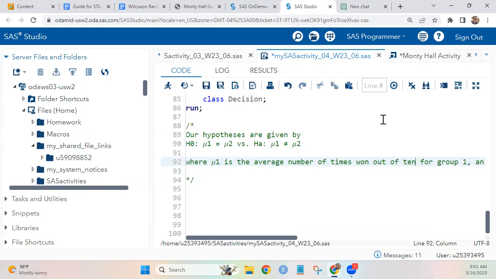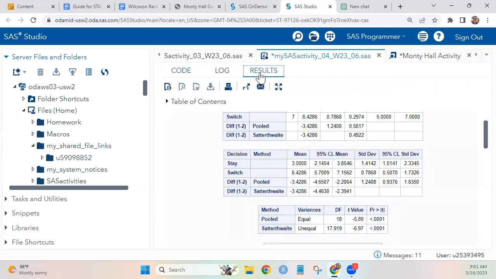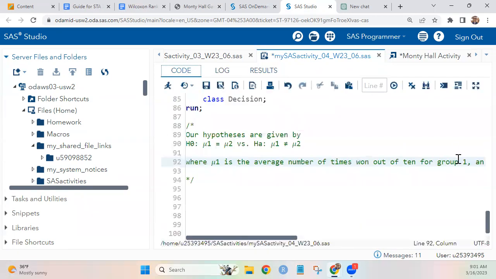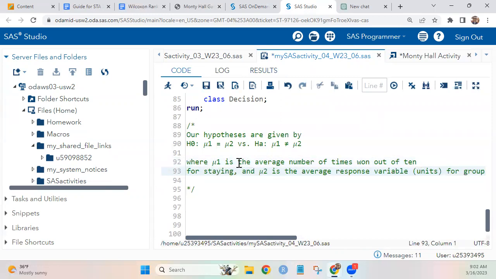For, what did we say it was? Staying. Okay, staying is group one. And group two is the, for switching.